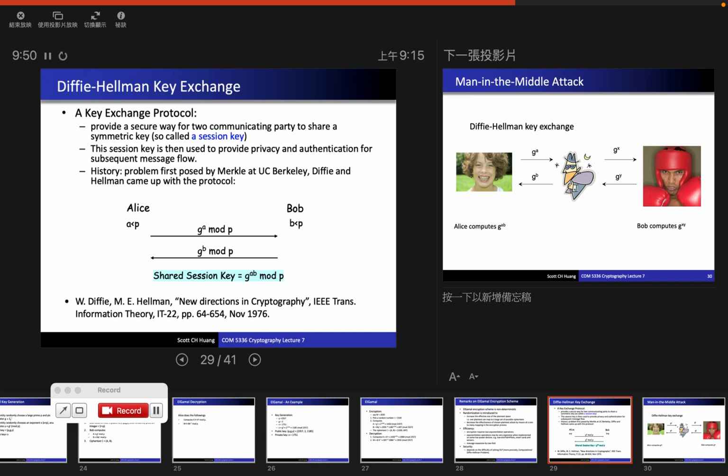encryption algorithm. This Diffie-Hellman key exchange is not a cryptographic algorithm. It's not an encryption algorithm. It's a key exchange method. It's so simple and elegant that it can be understood pretty easily. I believe later I will show you the diagrams, and then you guys will understand.